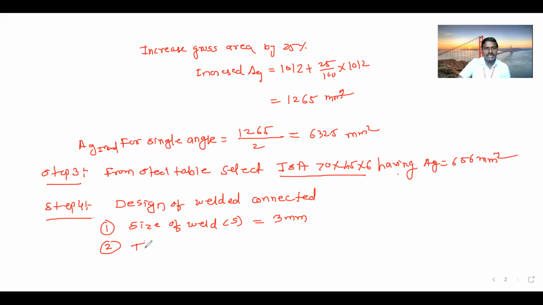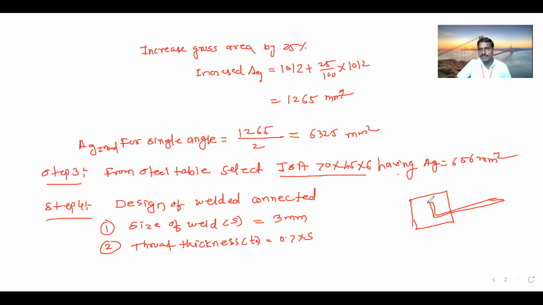Second, we have to calculate throat thickness. Throat thickness T is equal to 0.7 into S. Generally, as I told you, in the design of any tension member, compression member or any chapter, we have to use the fillet weld, because this is the plate, and on this plate we are fixing the angle like this. So this is nothing but the fillet weld. This is the type of joint. Fillet weld.